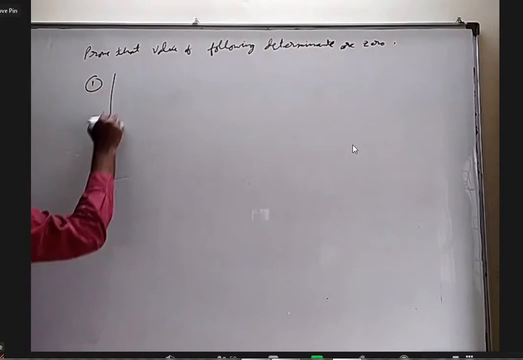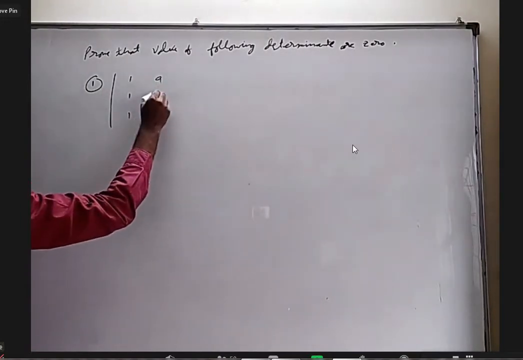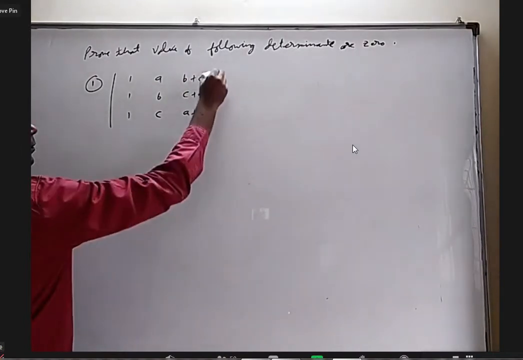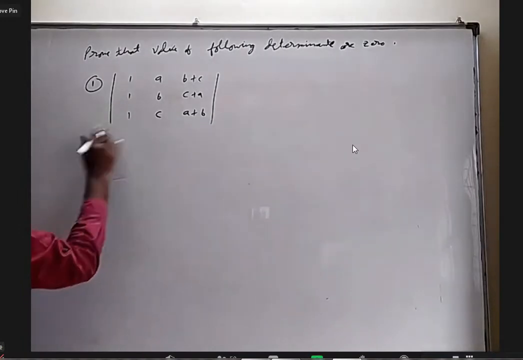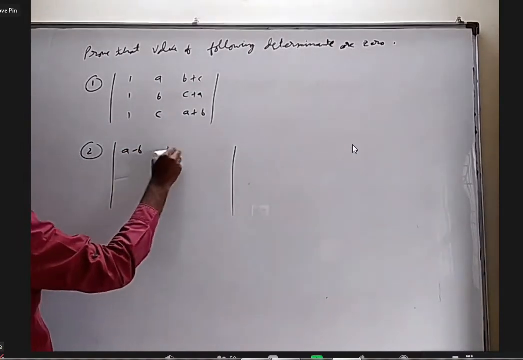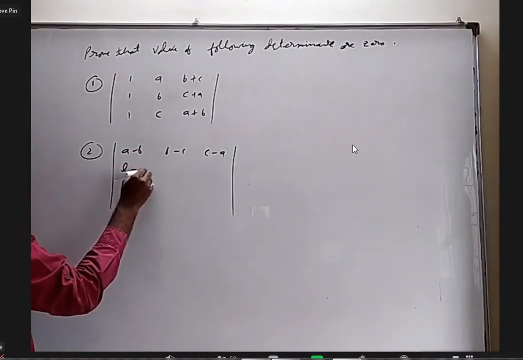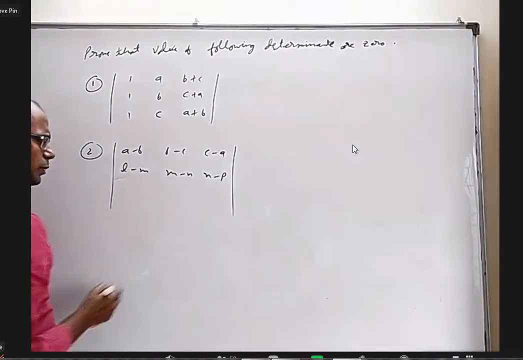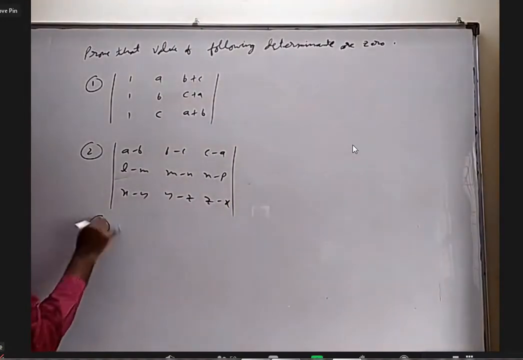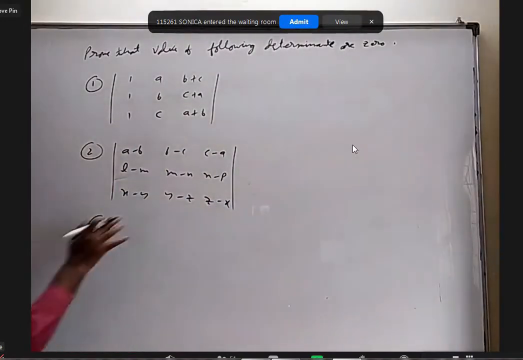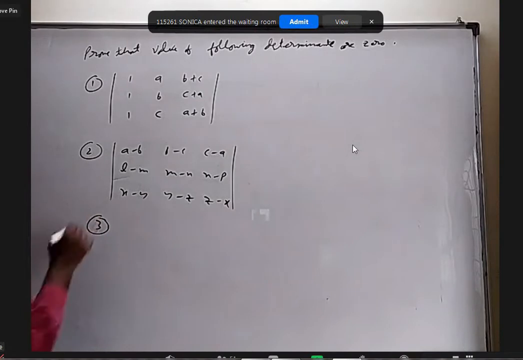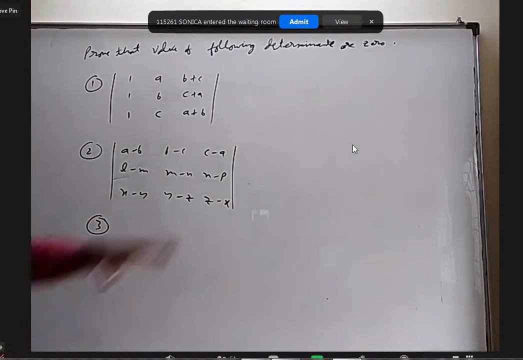First question. 1, 1, 1; A, B, C; B plus C, C plus A, A plus B. I can write any other: A minus B, B minus C, C minus A; L minus M, M minus N, N minus P; X minus Y, Y minus Z, Z minus X. You need to have enough place to write the solution.